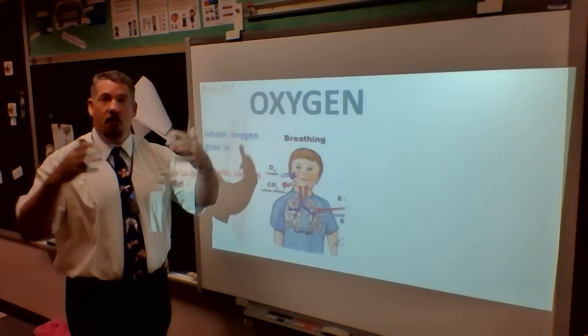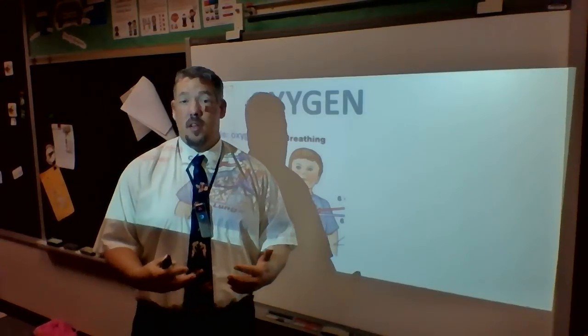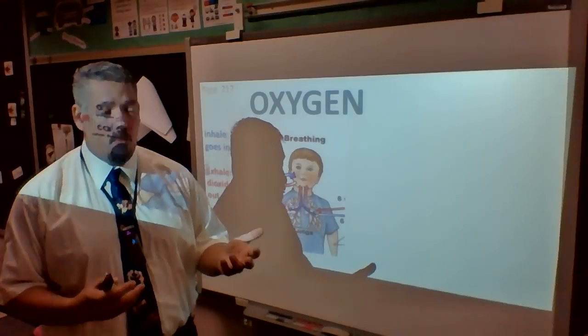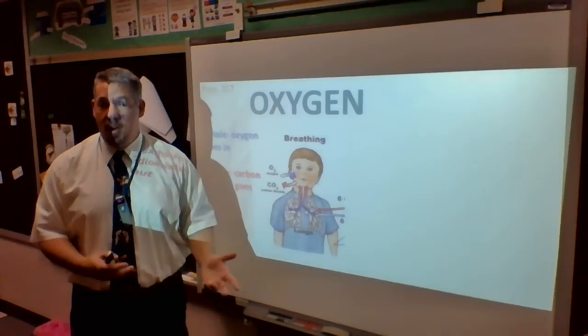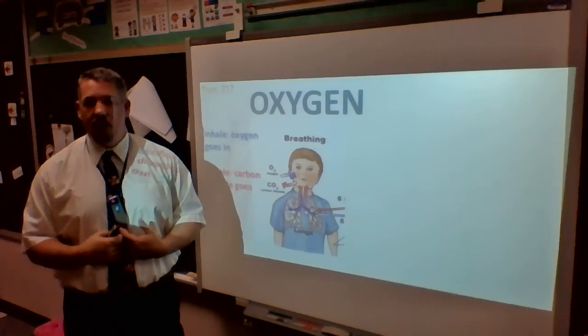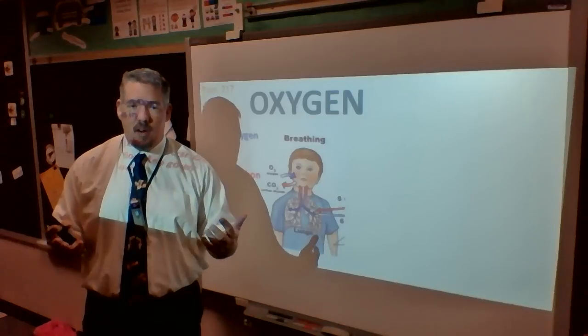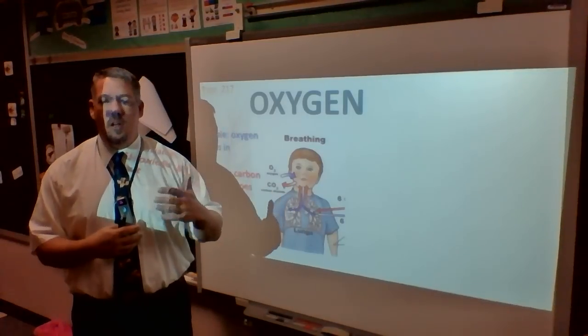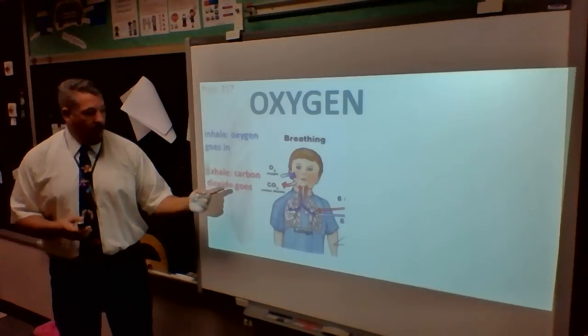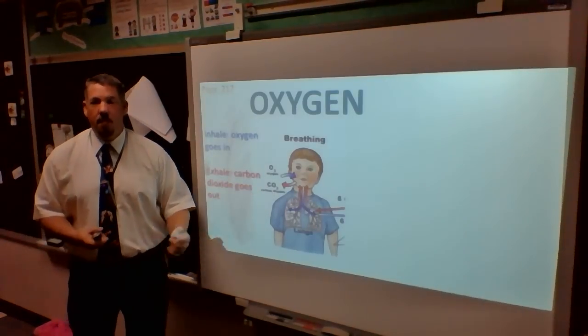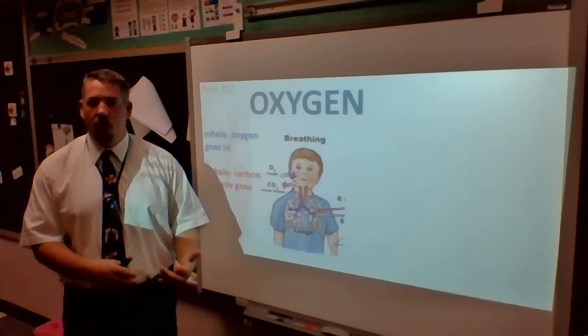Now, all of this gas around us known as air, it's not all oxygen. Actually, one of the smallest portions of it is oxygen. The largest portion is nitrogen. Our body doesn't recognize nitrogen gas inside of the air, so it just goes into our lungs and goes right back out. So when I exhale carbon dioxide, I'm not just exhaling carbon dioxide.